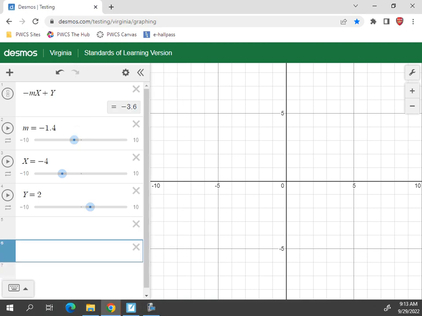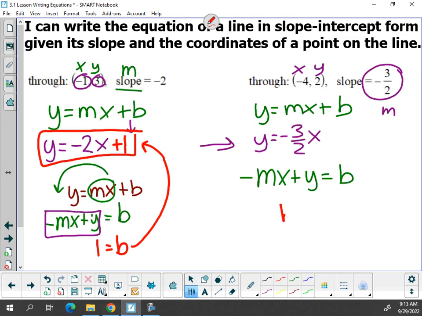And so I get, if you go back up here, it'll tell you that our b is -4. And so I can go up here and plug that in. Since it's negative in my equation, it's going to say -4.